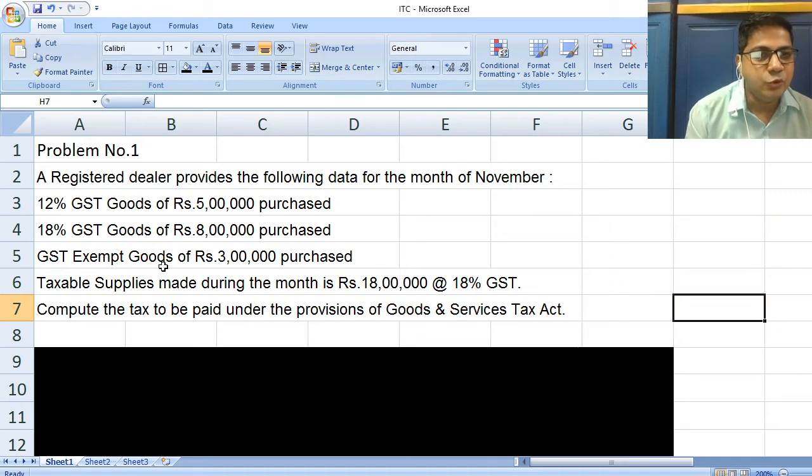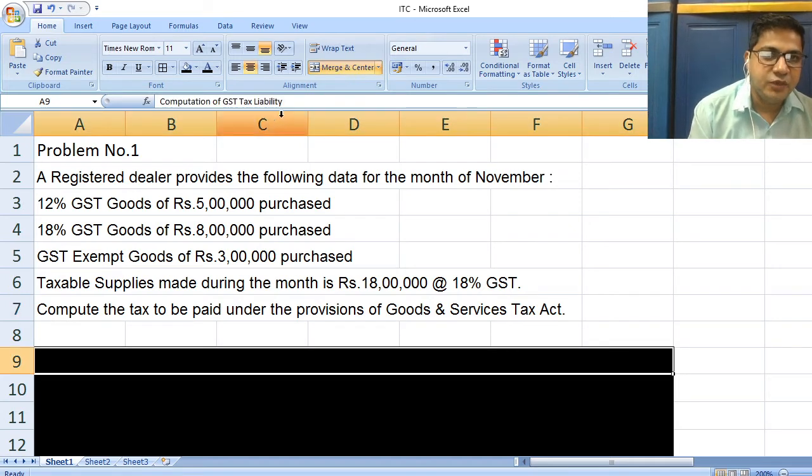GST exempt goods of rupees 3 lakhs purchase. Taxable supplies made during the month is rupees 18 lakhs at the rate of 18% GST. Compute the tax to be paid under the provision of the Goods and Service Tax Act.